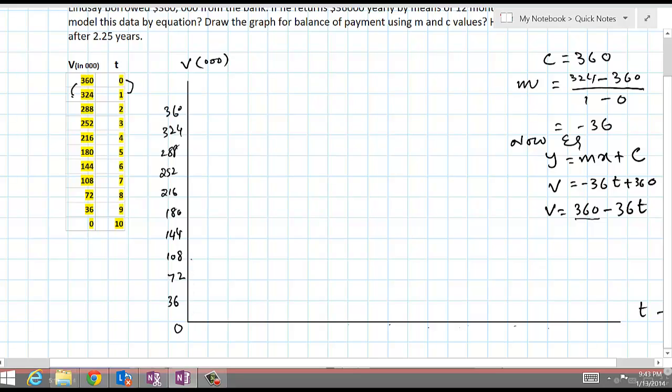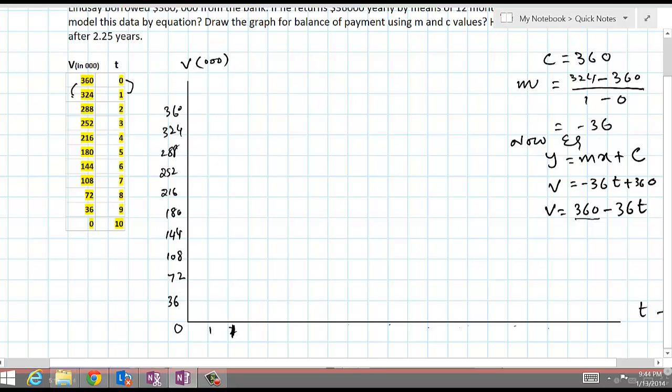1, 2, 3, 4, 5, 6, 7, 8, 9, 10. Now on the other side, this is 0, 1, 2, 3. In fact, just to graph this easily, we are going to take two small squares equal to 1.